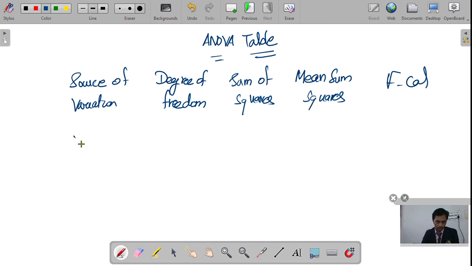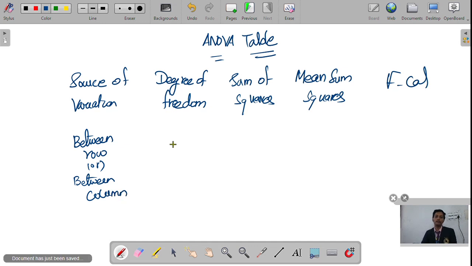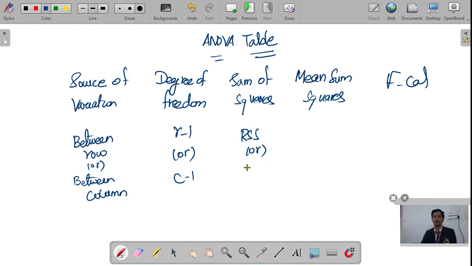First, for the source of variation, if you are considering row wise, you write between rows, or if you are writing it for column wise, between columns. For degree of freedom, you use r minus 1, or for column wise you use c minus 1. Then for sum of squares, you calculate the RSS value, or if it is column wise, the CSS value.